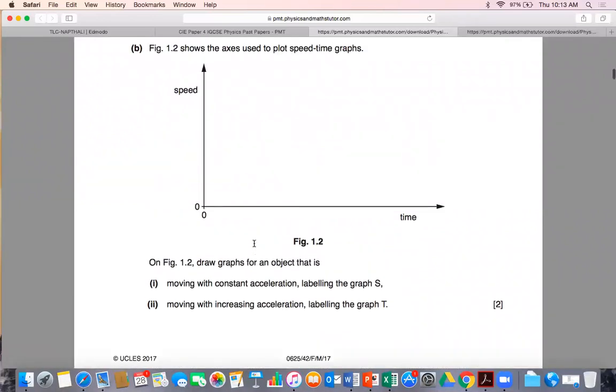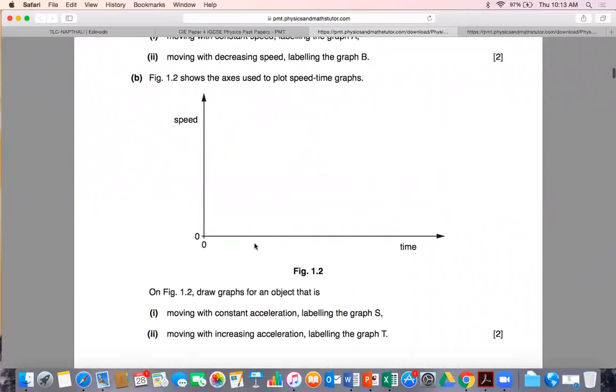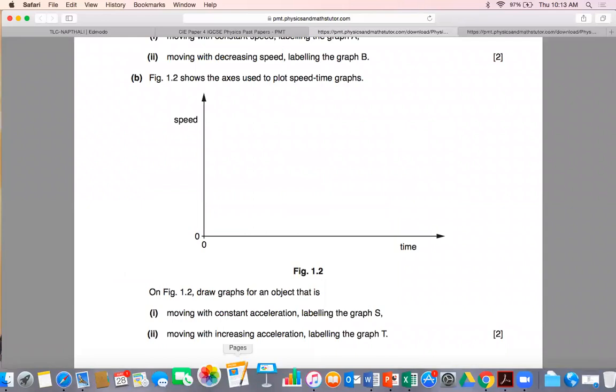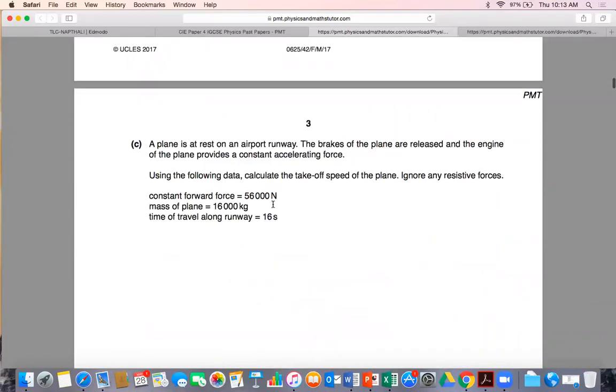Okay, can I have a show of hands of those who are still doing A and B? Now I'll scroll down to C. Scroll down then.